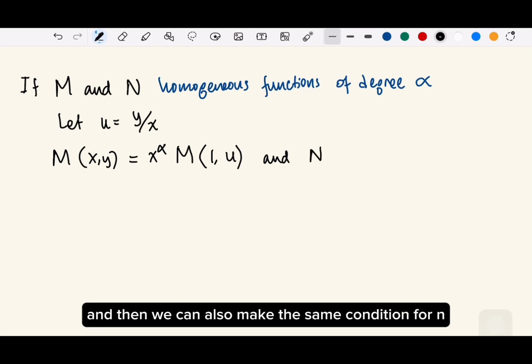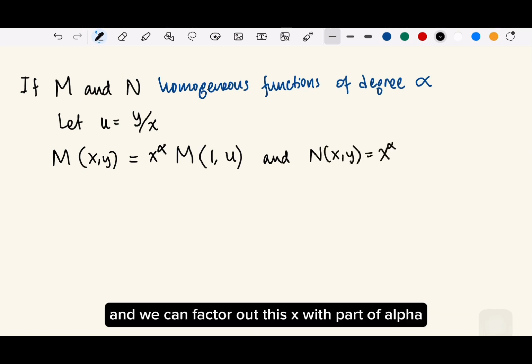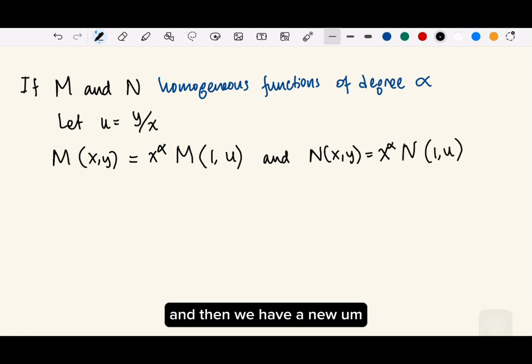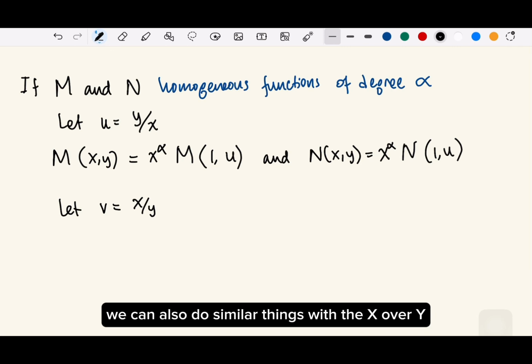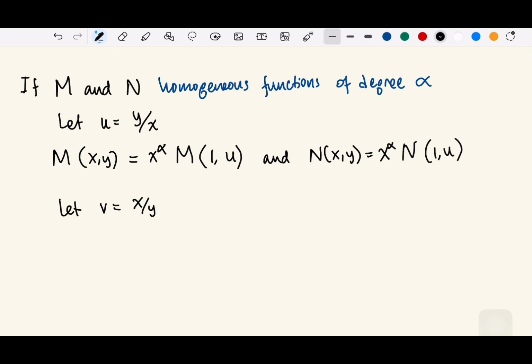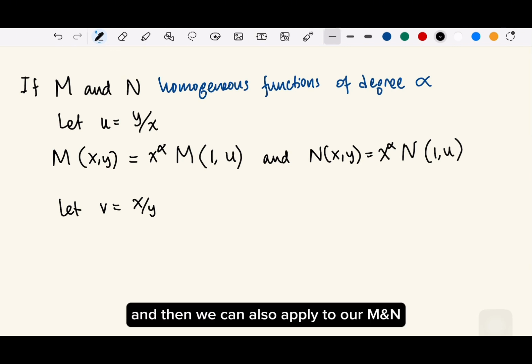And then we can make the same condition for N, factoring out x to the power of alpha, and then we have a new variable u inside N. We can also do similar things with x over y. Let's say we have a v to substitute, and then we can also apply it to our M and N.